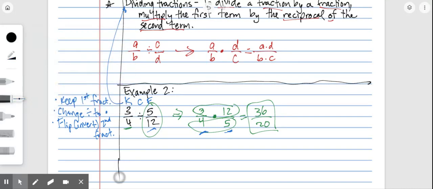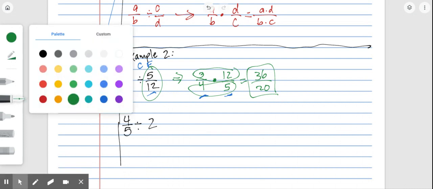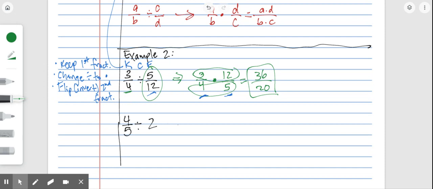Okay, so let's do a second example. What if one of my numbers is a whole number? For example, 4/5 divided by 2. Now I feel like I'm in trouble, but I'm not really. So I'm going to start by rewriting. I keep the first fraction, 4/5. I change the division to multiplication. And then I need to flip 2. However, 2 is not written as a fraction, so I don't have anything to flip.